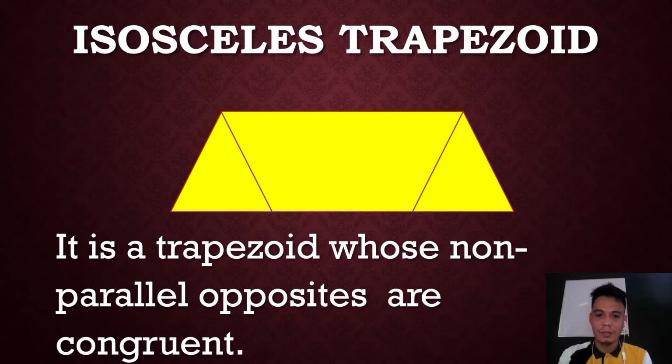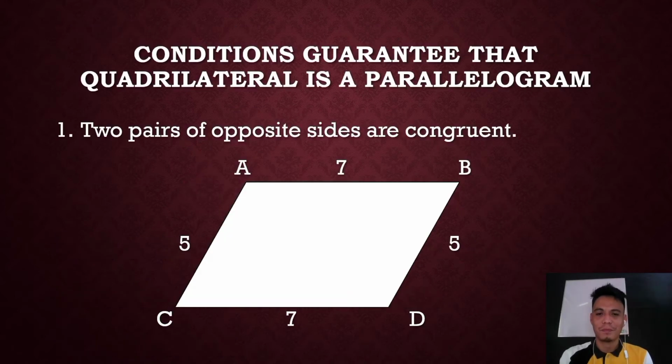So, alin yung congruent side niya dyan, guys? Ito, at saka ito, yung parang bubungan mismo. Ayan, so ito yung congruent. Ayan, at saka ito na side. Okay? So, yun po yung trapezoid. Meron siyang non-parallel opposite sides are congruent. So, okay, guys. I hope you understand.